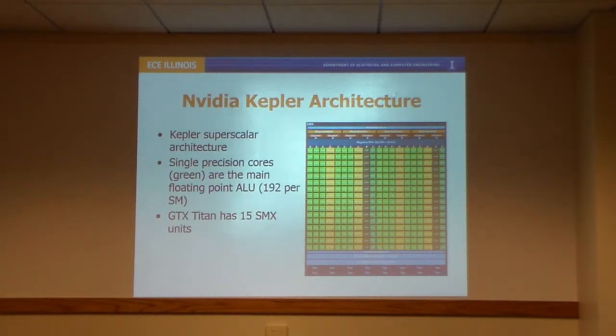So if you have a bunch of stuff that operates on sequential data or operates on data with a fixed stride, which is in this case this kind of ray tracing and kind of parallel DSP, then it can be scheduled to essentially one column of these single precision floating point units, which are those green blocks. And you can tell that makes up the majority of this device, right?